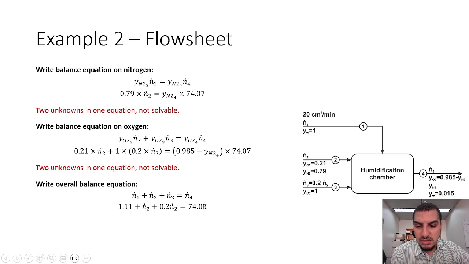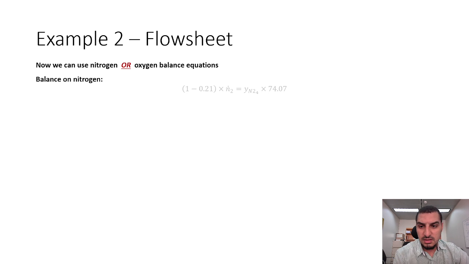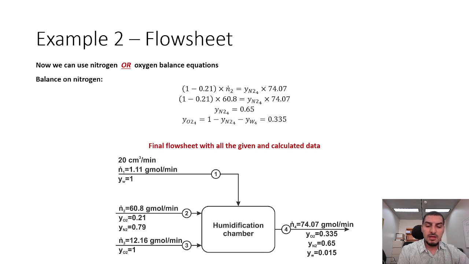So here, if you use this equation, you can directly calculate N2, and from N2 you can substitute here or here to calculate Y of nitrogen, and of course Y of oxygen can be calculated accordingly, as you see here. So this is simply how we can solve this problem.